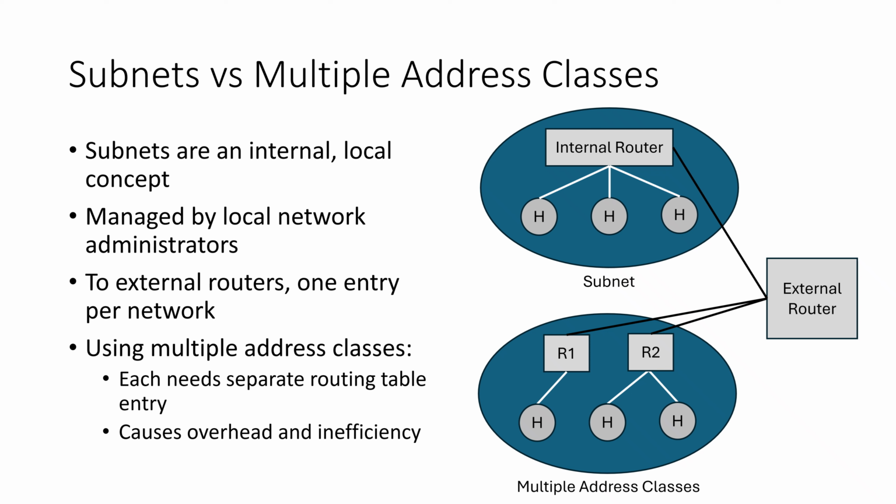If you used multiple address classes instead, every new network you added would require a separate entry in global routing tables. This adds overhead and increases router memory requirements, and it slows down the routing process. That is why subnetting is efficient. It keeps routing tables small and scalable while giving network admins complete control within their internal network.